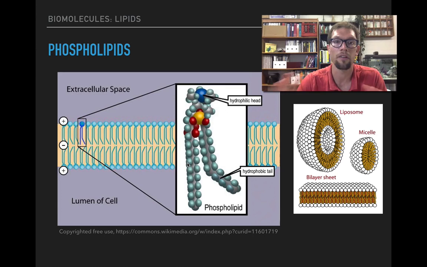Finally, let's look at how the phospholipids come together to actually form cell membranes. So if we look at a phospholipid, notice that you have the phosphate over here that makes it hydrophilic, water-loving, and you have the nonpolar tails, which are hydrophobic.